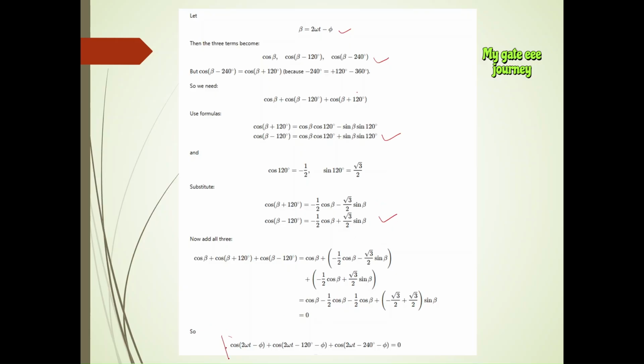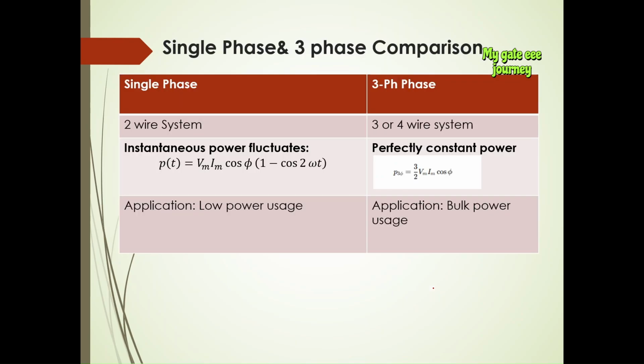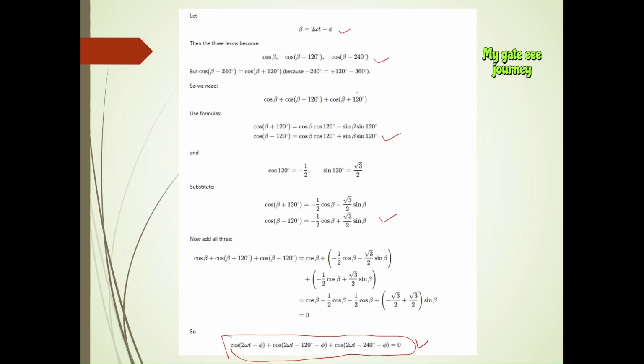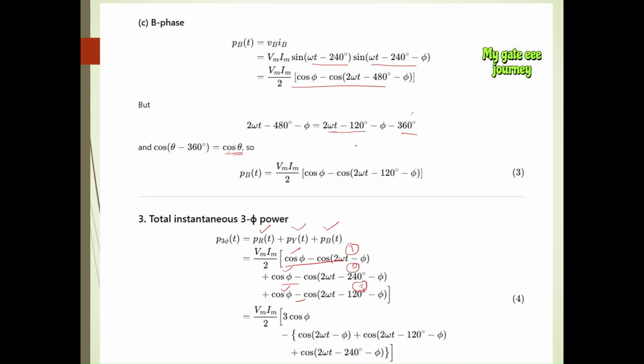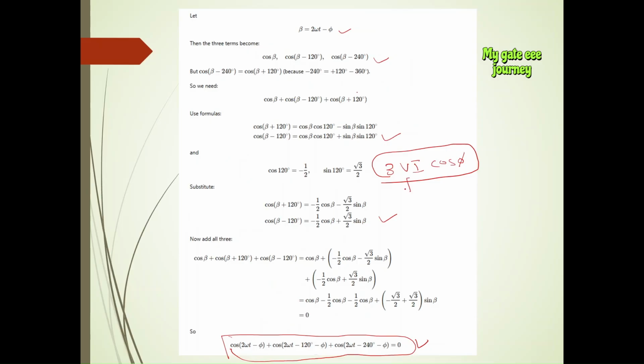And finally, you will get the sum of second terms as 0, and you will remain with 3 V I cos phi. By analyzing this, you will get it. Here V and I are RMS values.